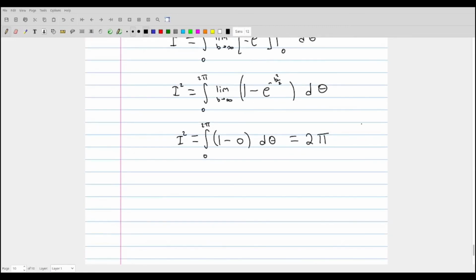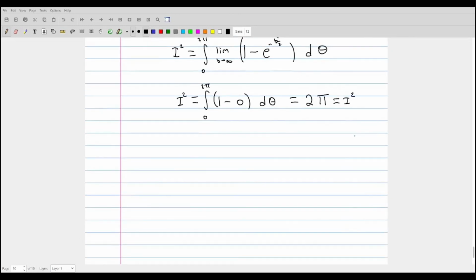So what we've shown is that I squared is equal to 2 pi, which means that I, the integral that we're looking for, the integral from negative infinity to infinity of e to the negative x squared over 2, is equal to the square root of 2 pi.